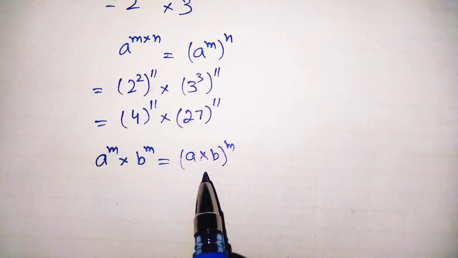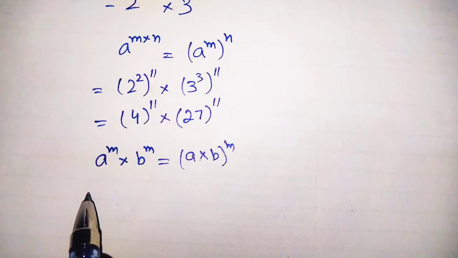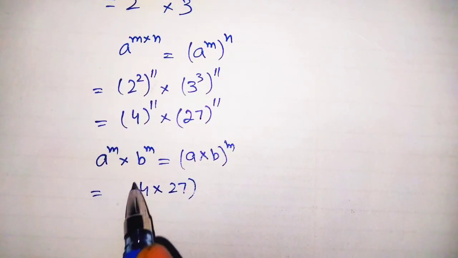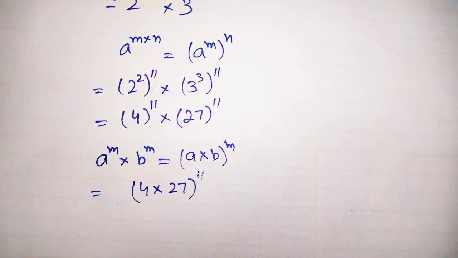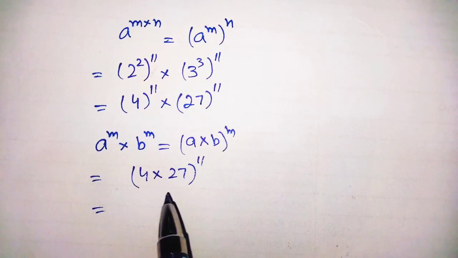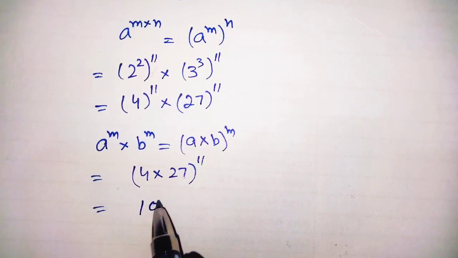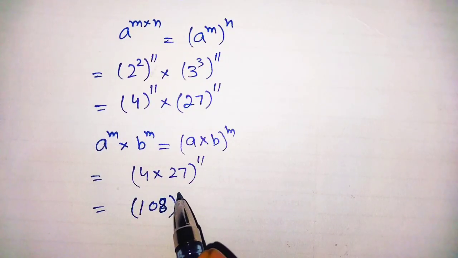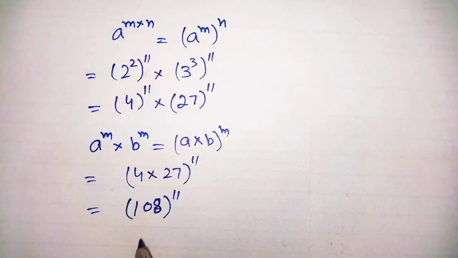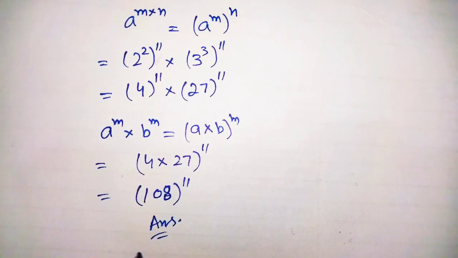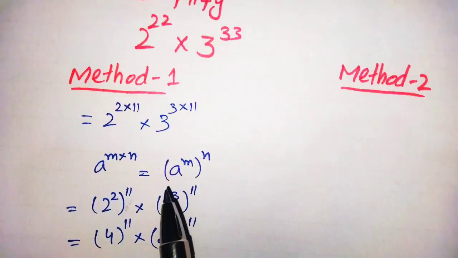So we can write this as 4 times 27 whole raised to power 11. After multiplying 4 with 27, we will get 108 whole raised to power 11. So this is the final answer, the simplified form of the given statement.